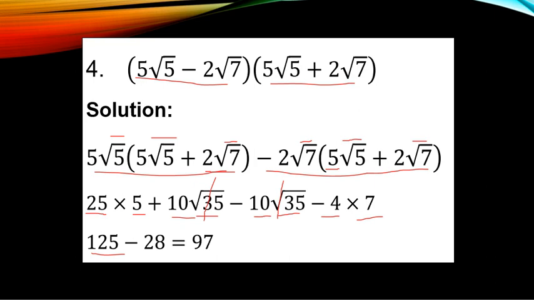You are owing 1 and you have 1. When you pay out, nothing is left. Then we have minus 4 times 7 is 28. By the time you subtract, you have 97. So this is the correction to lesson 3 classwork.